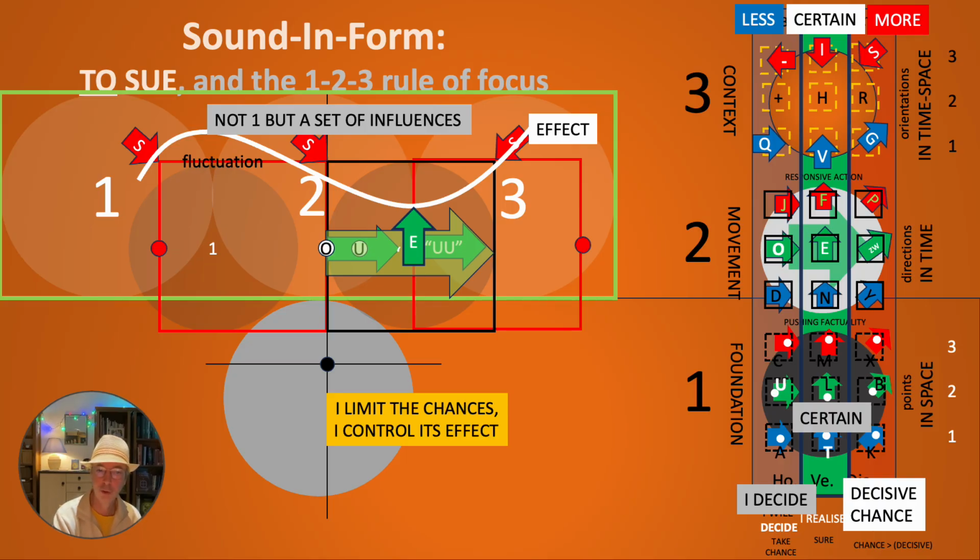Basically, what I want to do with "to sue" is that I focus very well with "to", and "sue" is that follow-up where I try to limit my chances or to control its effect. It's not telling me that it is a control, but the U has a growth in it.